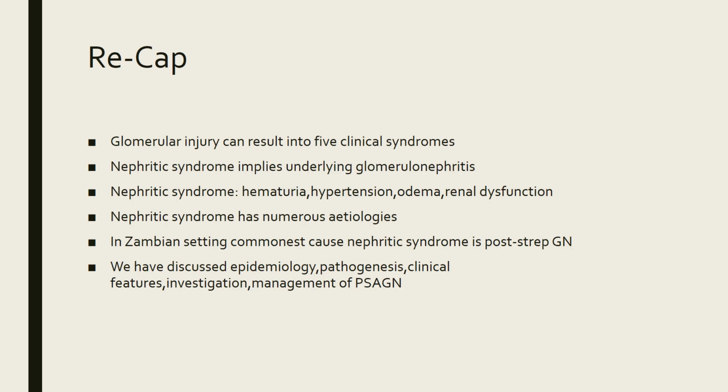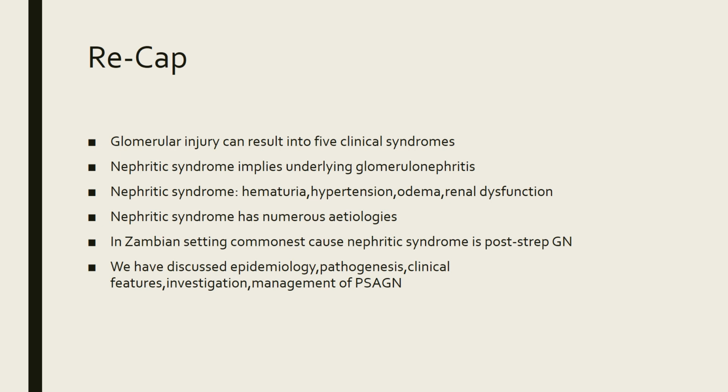So to recap, we have revised the fact that there are 5 clinical syndromes that are a manifestation of glomerular injury. We have looked at the fact that the nephritic syndrome means that you are dealing with inflammation at the level of the glomerulus. We have defined the nephritic syndrome as the presence of hematuria, hypertension, edema, and renal dysfunction, with hematuria being the hallmark of the syndrome.